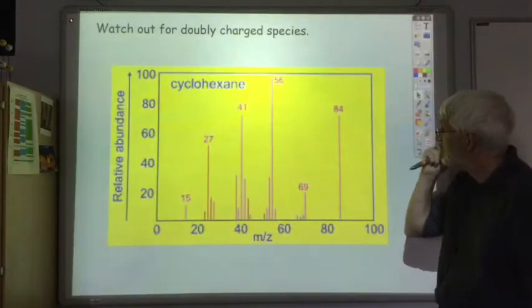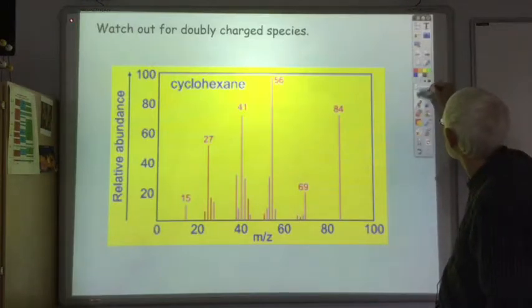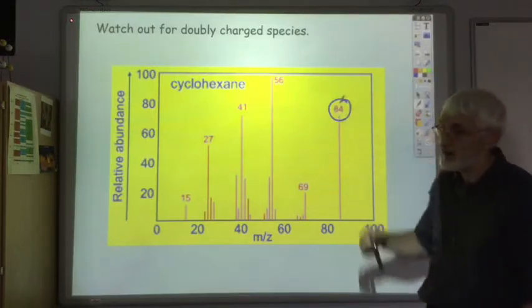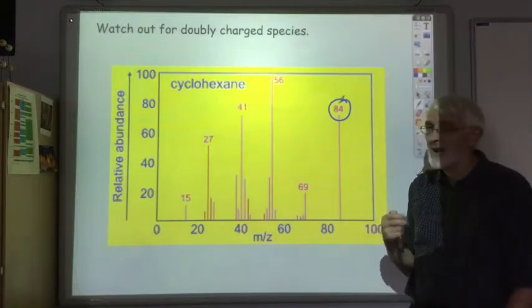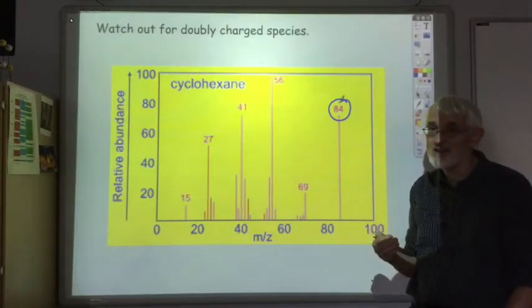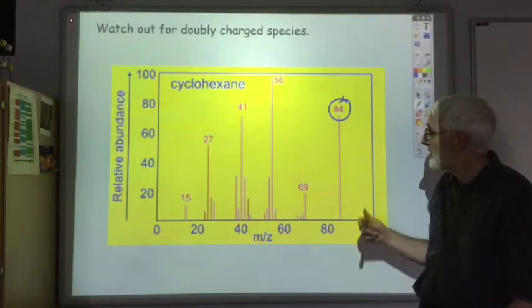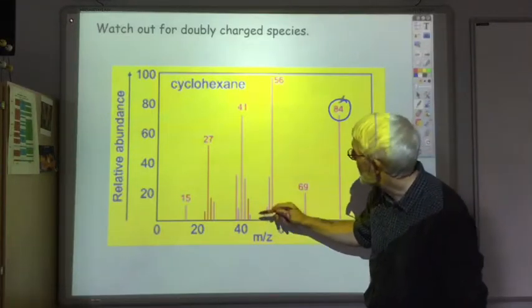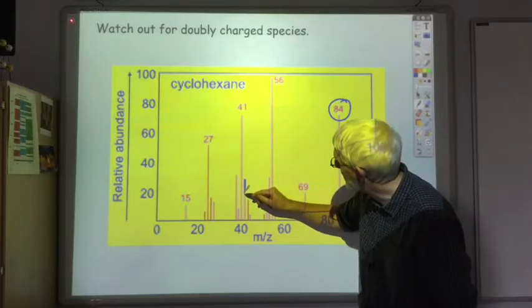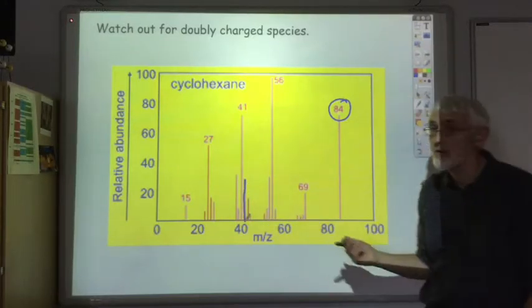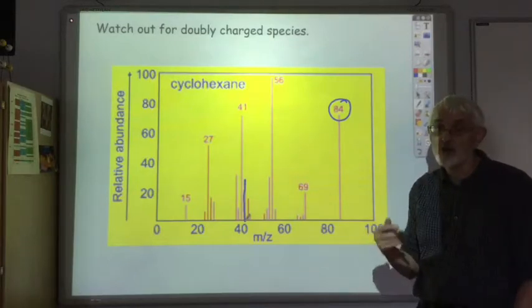So for example, in cyclohexane, the peak at 84 is the molecular ion. But if you produce some of the molecular ion with a charge of 2+, the m/z ratio would be 42. So the smaller peak here at 42 could be due to the molecular ion with a charge of 2+.